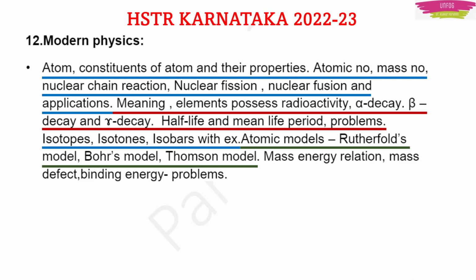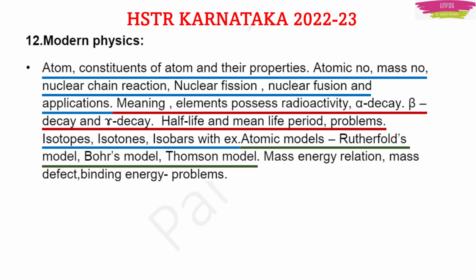In the previous classes, including part 3a and 3b, we have discussed the entire syllabus which we have underlined: atoms, constituents of atom and their properties, atomic number, mass number, nuclear chain reaction, nuclear fission, fusion and applications, and elements which possess radioactivity.